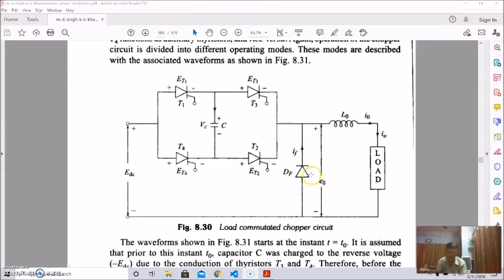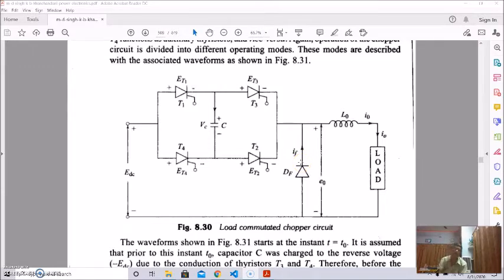When one thyristor pair T1 and T2 functions as main thyristors, at the same time the other thyristor pair T3 and T4 functions as auxiliary thyristors.